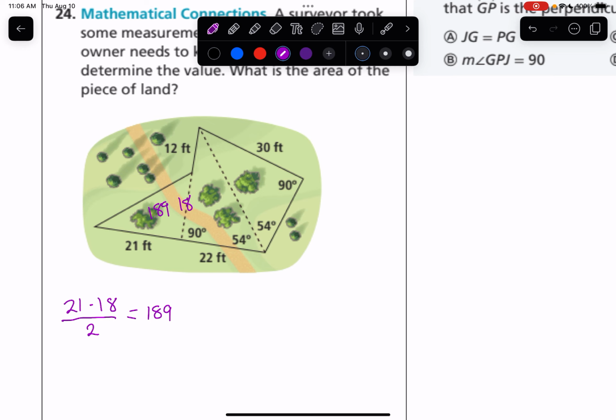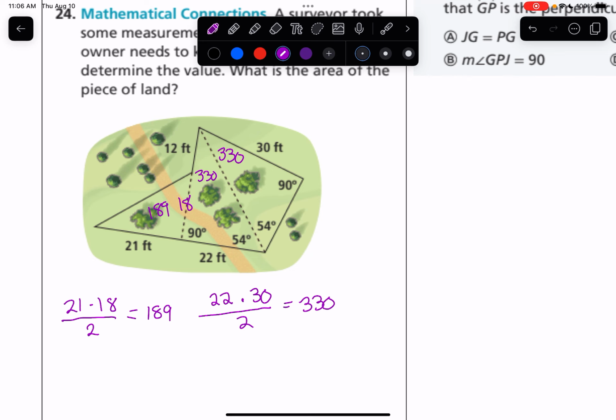I can also find the area of this triangle by doing 22 times 30, base times height, divided by 2, and getting 330. There are two triangles with an area of 330 because these are congruent.